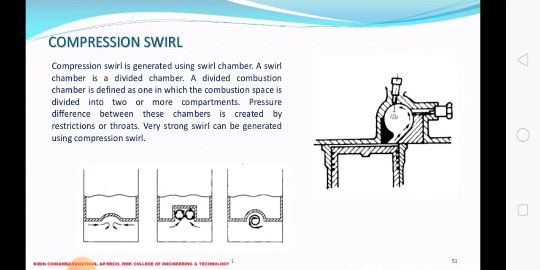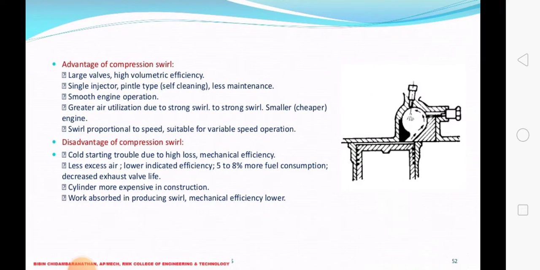Now we will see advantages and disadvantages. What are the advantages? Due to strong swirl, a single orifice injector with low injection pressure is required, as low injection pressure allows the duration of injection to be disturbed little by length or capacity. Large valve, high volumetric efficiency, single injector, less maintenance.